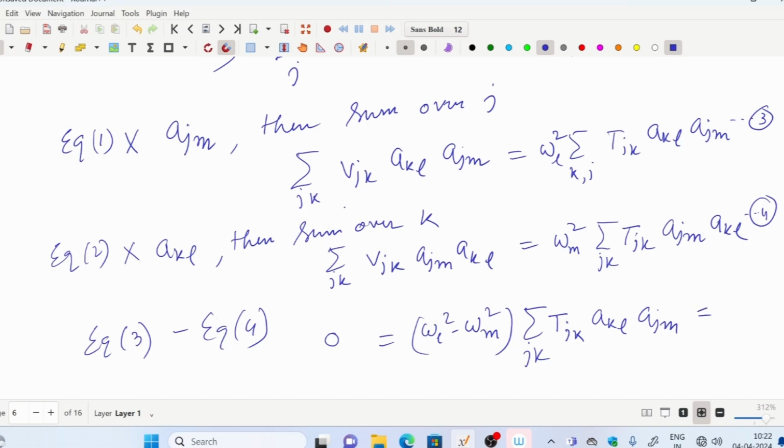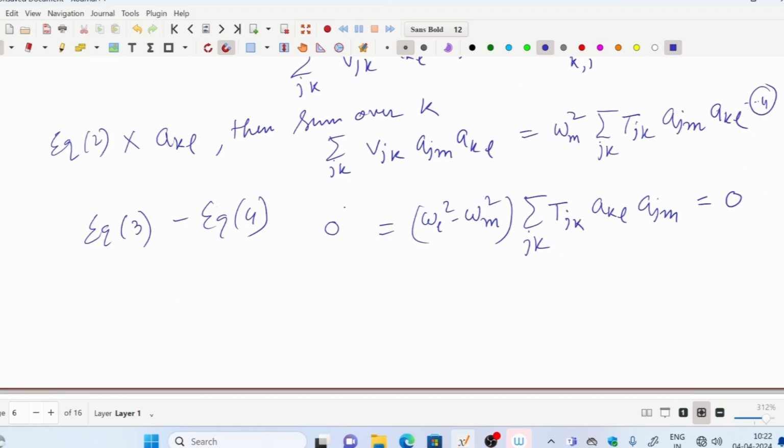The left hand sides are equal, so the right hand side is different because they are different frequencies. Okay. So, let us denote this as equation 5.